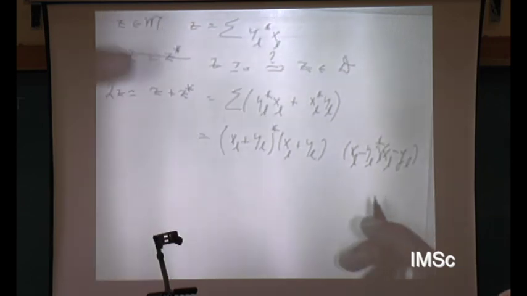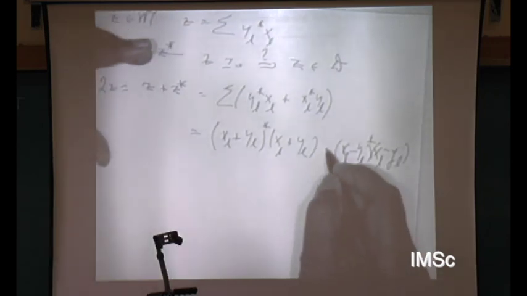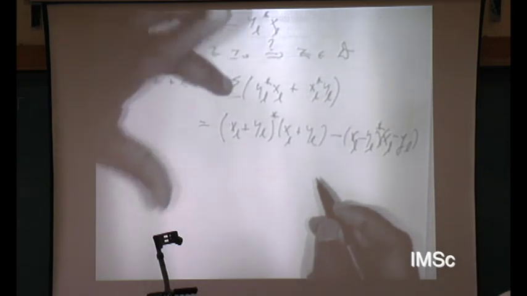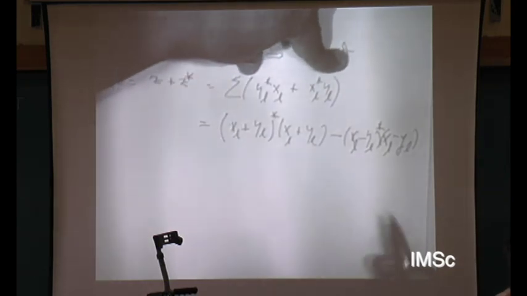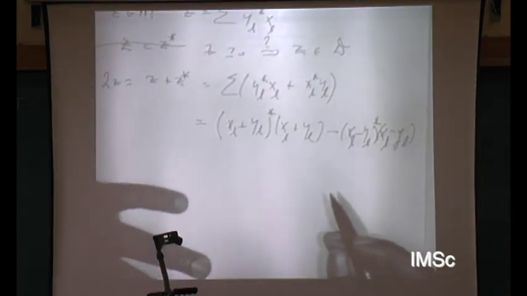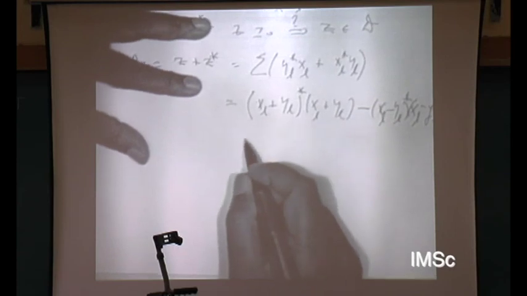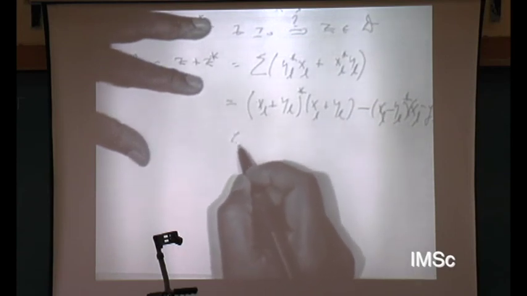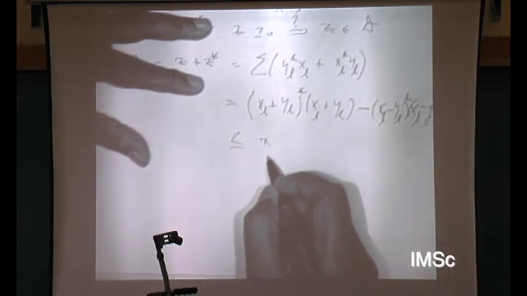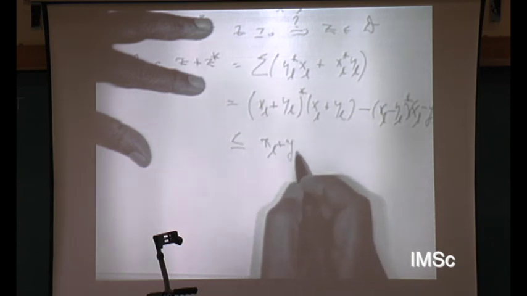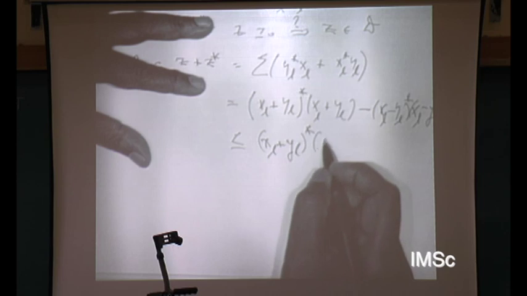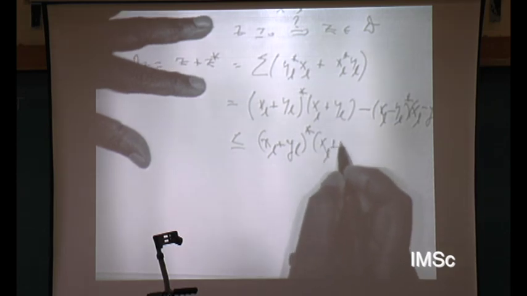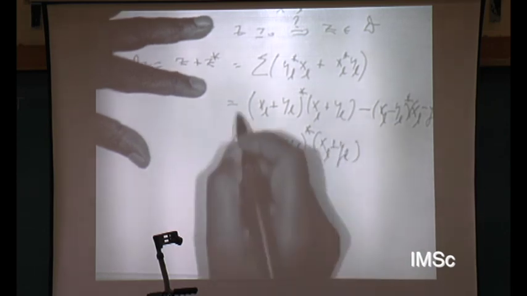I want only the cross terms, so if I subtract this, I will get twice the cross terms, which is certainly less than or equal to something more.